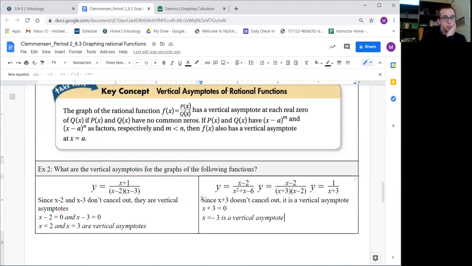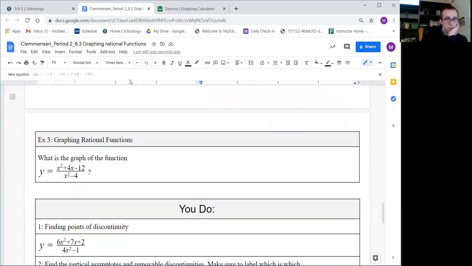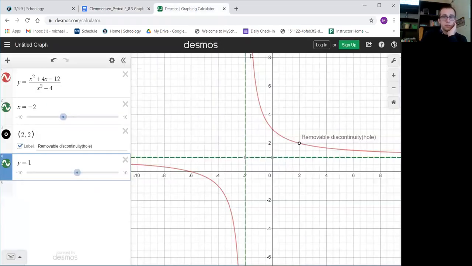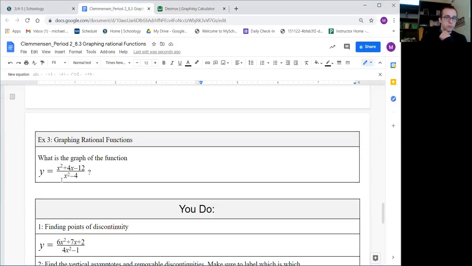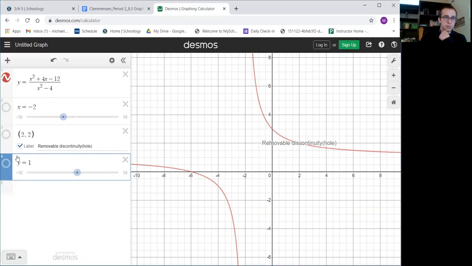There doesn't seem to be any questions on this. We're going to follow this along right into our graph. So I'm going to go over to this Desmos page right here. We have a couple things on this graph. If you plugged in your graph from this problem, x squared plus 4x minus 12 over x squared minus 4, Desmos will give you just this graph right here.